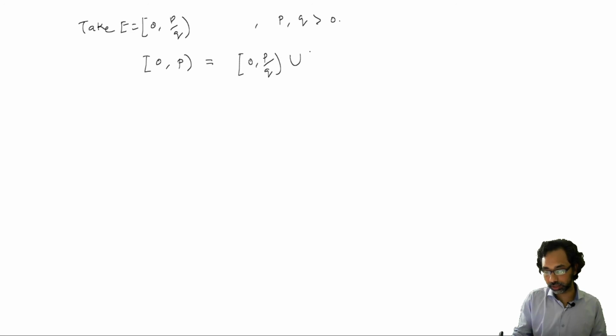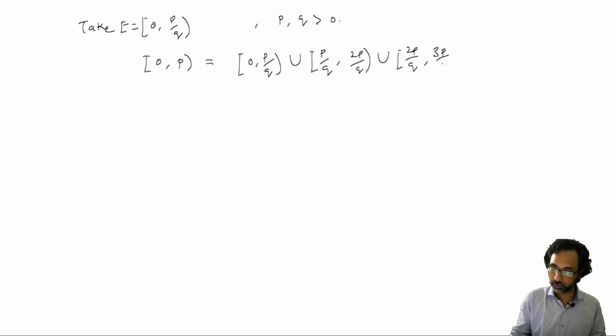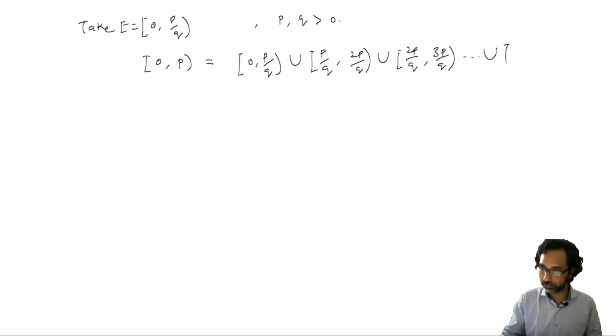So this can be written as a disjoint union: 0 to p over q, union p over q to 2p by q, union 2p by q to 3p by q, and so on, and you will end up with the interval (q minus 1) by q times p to q by q times p, which is nothing but p.